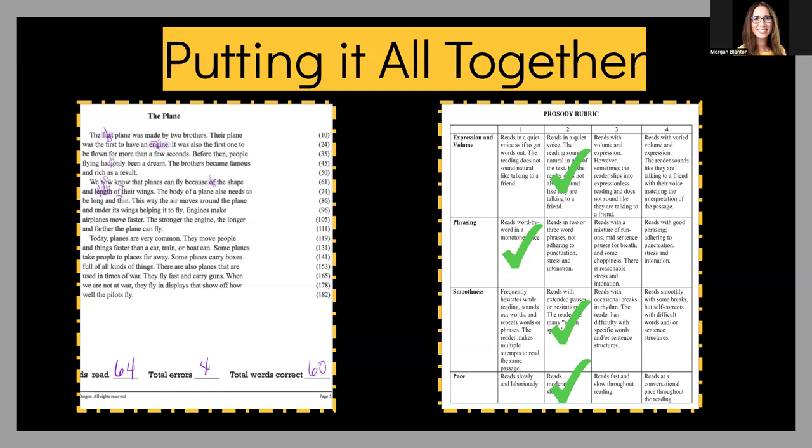So not just their accuracy and automaticity, which is shown here on the left with the words correct per minute, but also prosody, because it is an indicator of comprehension. And so we want to put these two assessments together to really understand how a student is doing oral reading fluency wise.